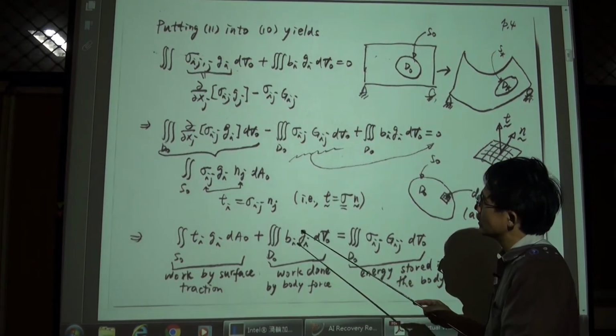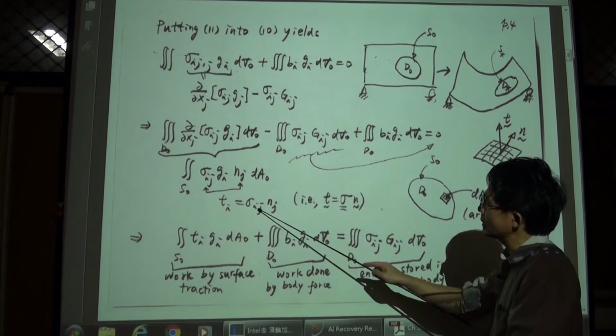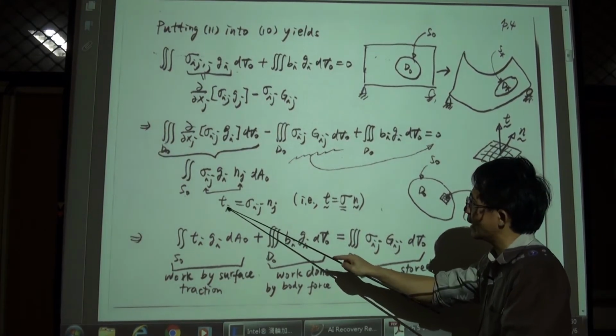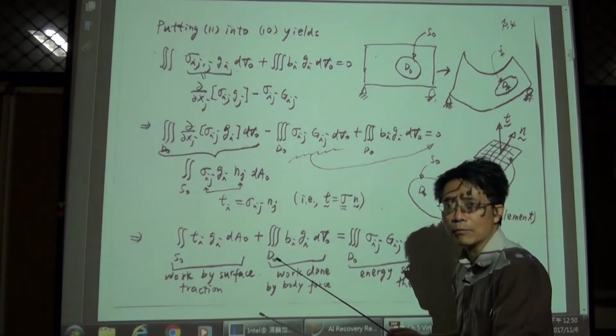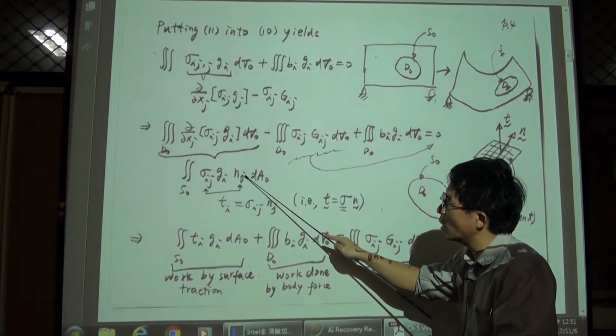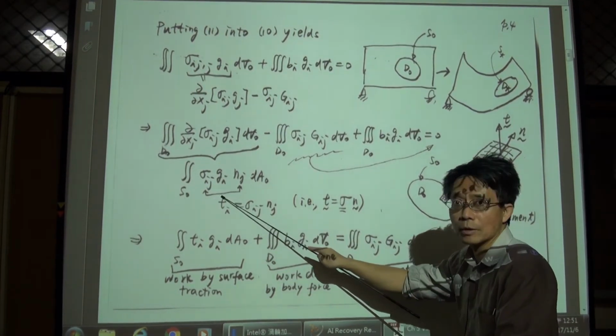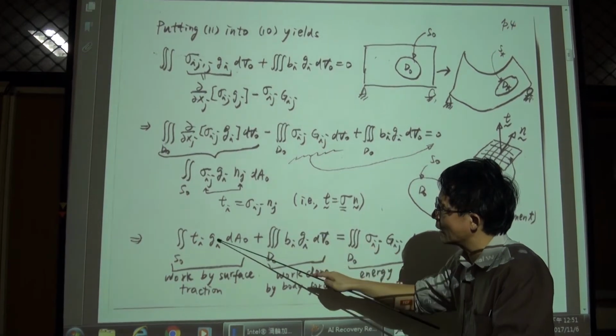Is this sigma ij nj? Remember, sigma ij nj equal to Ti, which is just the Cauchy stress formula we derived before. So the stress times the unit normal equal to the traction, right? So this term can be replaced by Ti here.